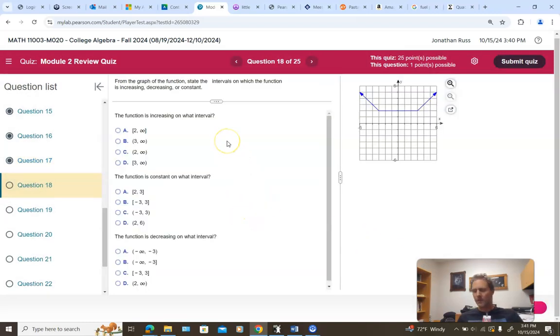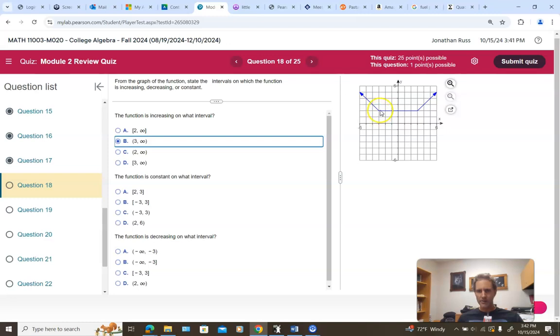All right, so here we're trying to see where this function is increasing. Well, it's increasing starting at this point onward. And this point has an x coordinate of 3. So from 3 to positive infinity. And by the way, guys, you always use parentheses around these intervals of increasing and decreasing, okay? Now, where is it constant?